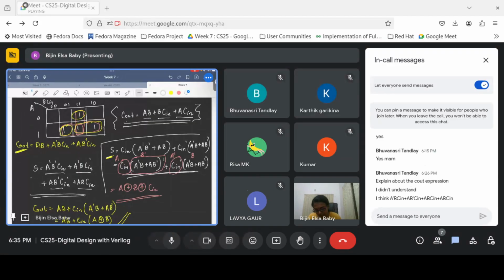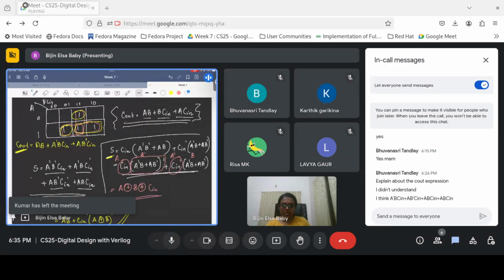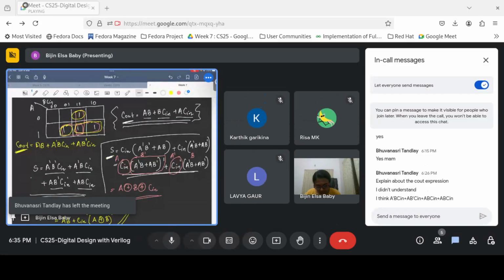Okay. So we want to optimize this result. We are trying to get an optimized version of the full adder. So for that, we have to find a common expression between the sum and the carry.